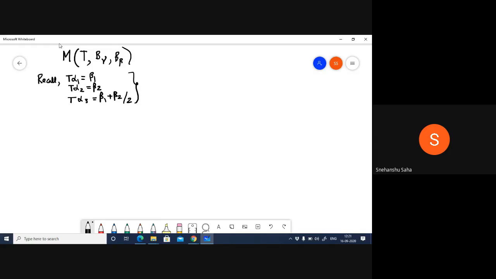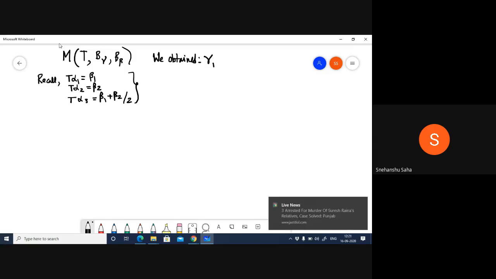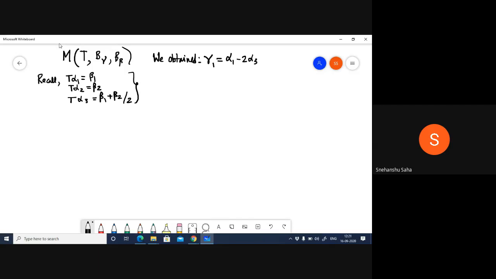This is what we have been given. And what we obtained is that gamma 1 is alpha 1 minus 2 alpha 3, gamma 2 is alpha 1 minus alpha 2, and gamma 3 is 2 alpha 3.